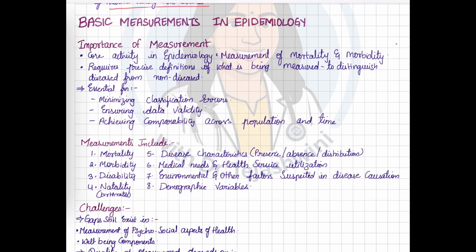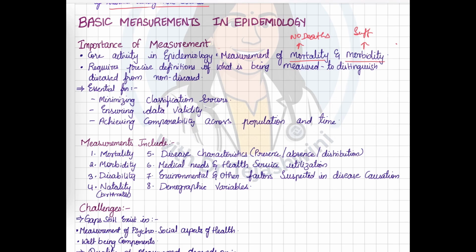What is the importance of measurement? The core activity in epidemiology is measurement of mortality and morbidity. Mortality is the number of deaths caused by the disease, and morbidity is the suffering caused by the disease.